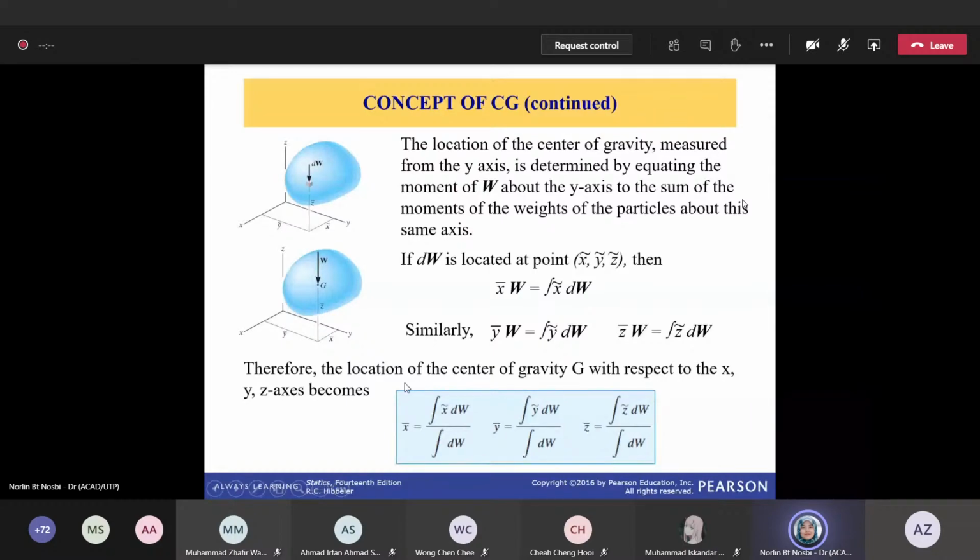X bar is equal to the integral of X tilde times dW over the integral of dW. Same goes for Y bar, so you have to use Y tilde. For Z bar, you have to use Z tilde. Okay. Don't worry, we will look after this at how to use this formula. But this formula is for the center of gravity, okay? Don't forget this one if you want to find the location of the center of gravity.